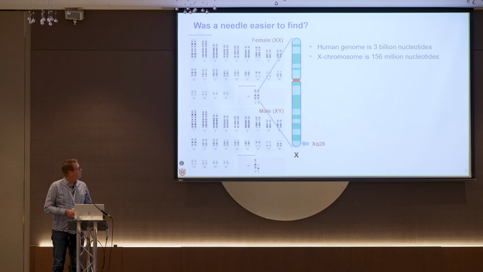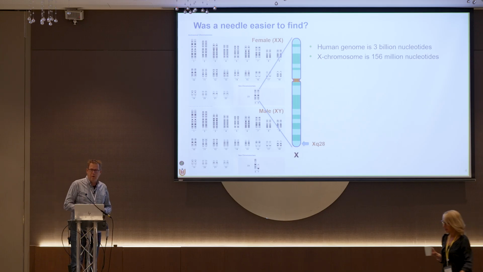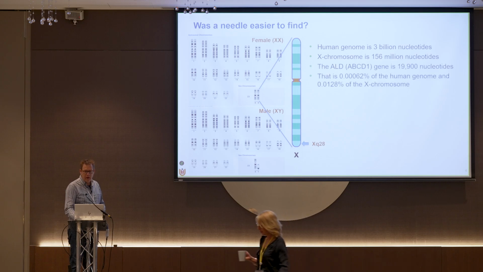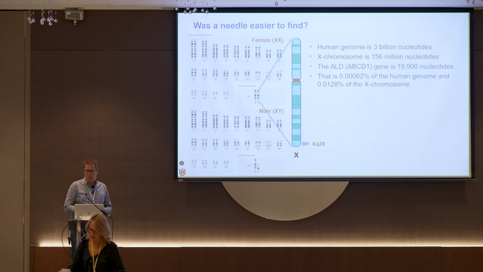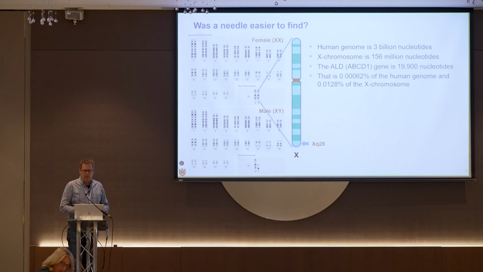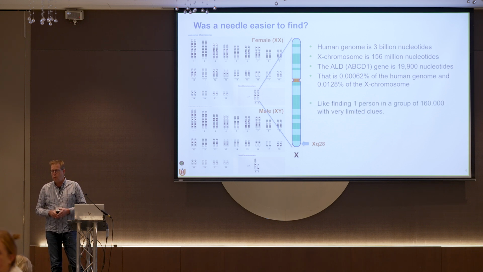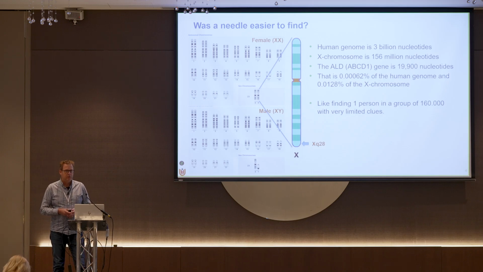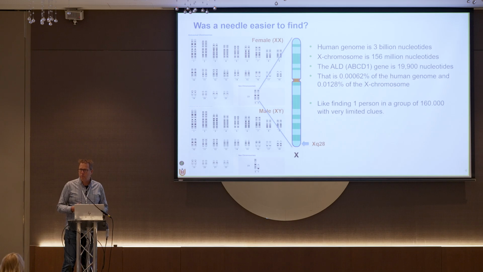The X chromosome is built up of 156 million nucleotides, and the ALD gene only covers almost 20,000 nucleotides. So this is like 0.00062% of the entire human genome. To put it in perspective, it is like finding one person in a group of 160,000 people without almost any knowledge. That gives you an idea how difficult it was to find this gene.